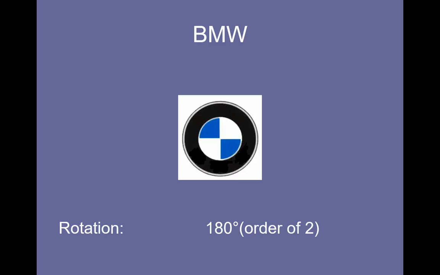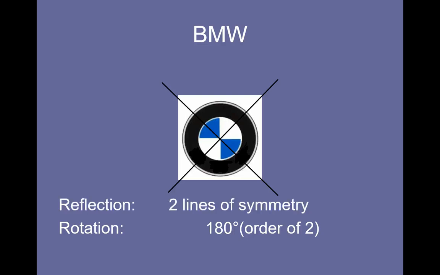Rotation would be 2 so that the colors match up, right? And line symmetry, 1 there and 1 there. So a lot of car logos like the circle because they get lots of symmetry that way.